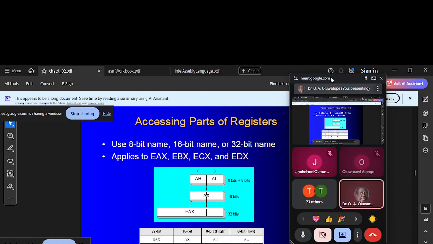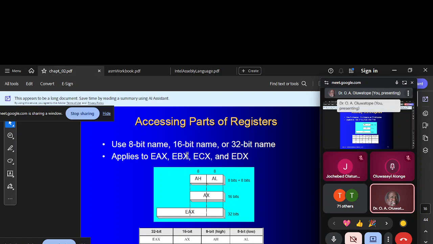Okay, now I want us to look at how to access the structure of a typical register. I told you that a register that is defined as E, whether EAX, EBX, ECX, EDX, simply means 32 bits. And then if you remove the E, it only addresses the 16 bits, meaning that there are two 16 bits in 32. And then you can further split a 16-bit register into 2, each being 8.